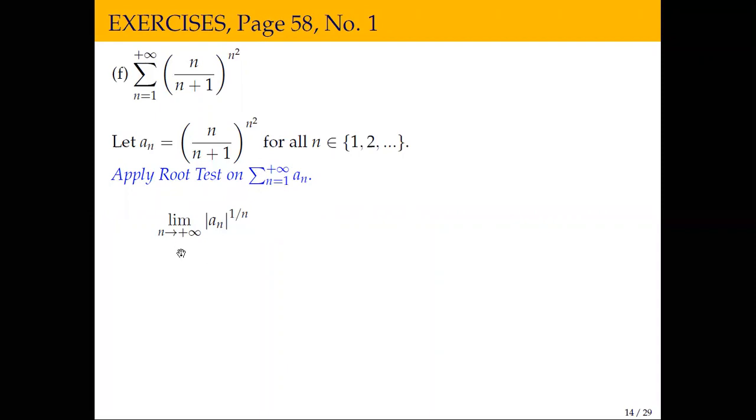If this limit is greater than 1 or is equal to positive infinity, then we say that this infinite series diverges. However, if this limit is equal to 1, then the root test is inconclusive.